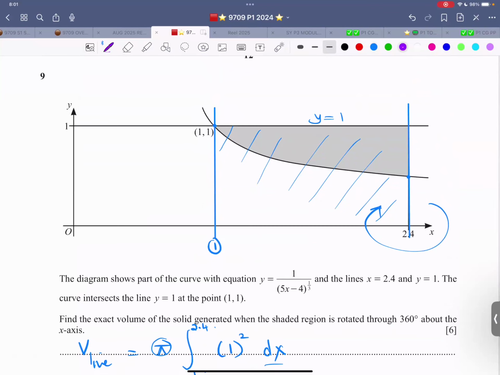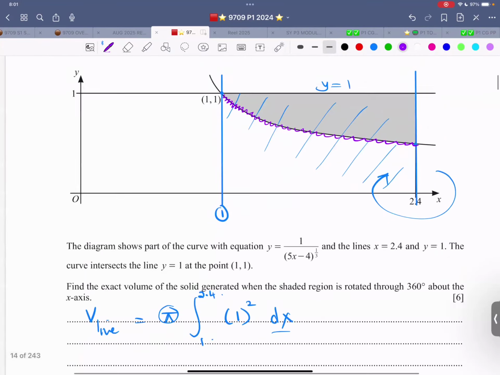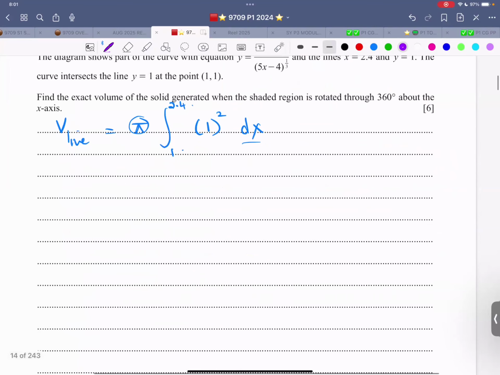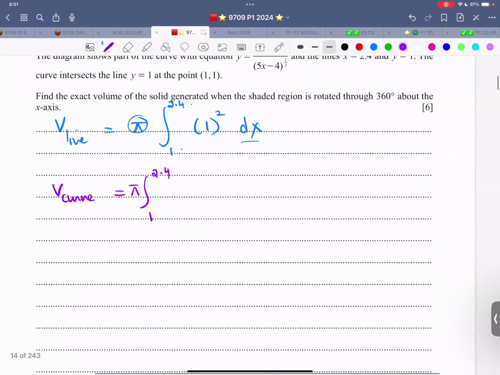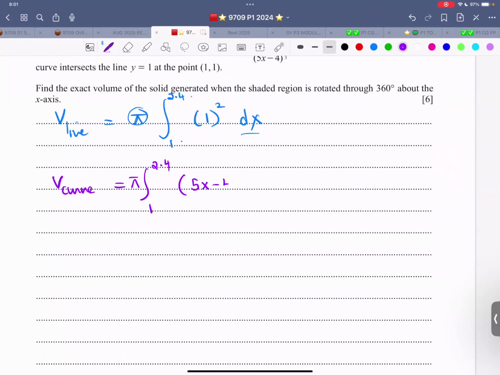Now, if I focus on this curve right over here, and I find the volume under the curve, that is also 1 to 2.4. Don't forget the pi. You have this equation, y equals (5x minus 4) raised to the power of negative 1/3.